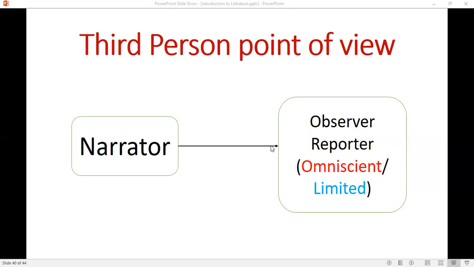Limited point of view, limited third person point of view indicates the knowledge of the narrator towards only one character in the text. The narrator does not have full knowledge about all the characters in the text.